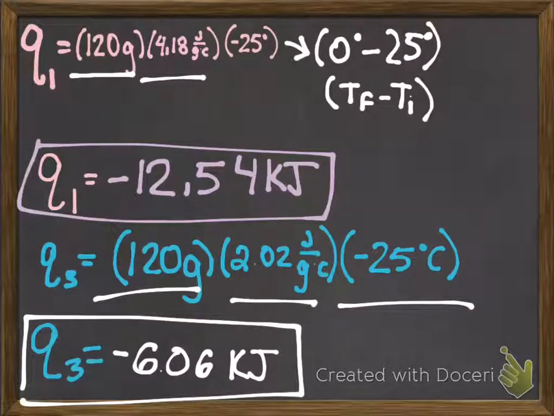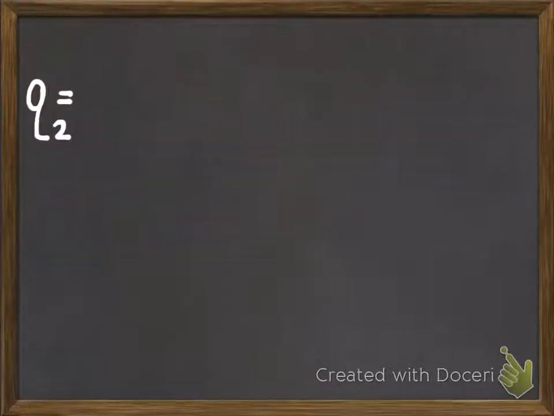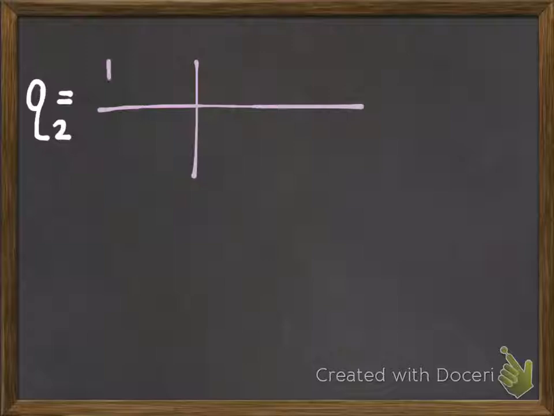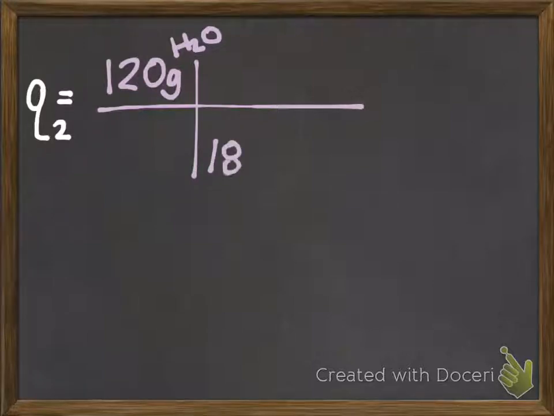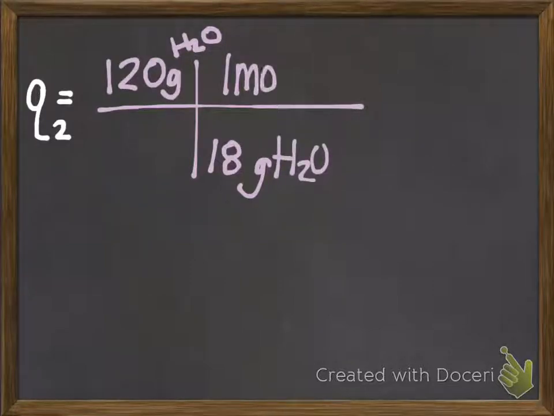So what's next? Q2. This is a thermal stoichiometry problem. To do this, you start with the information you know, which right now is grams. So you know that you have 120 grams of H2O, and in 1 mole of water there's 18 grams of H2O. 1 mole, 18 grams.